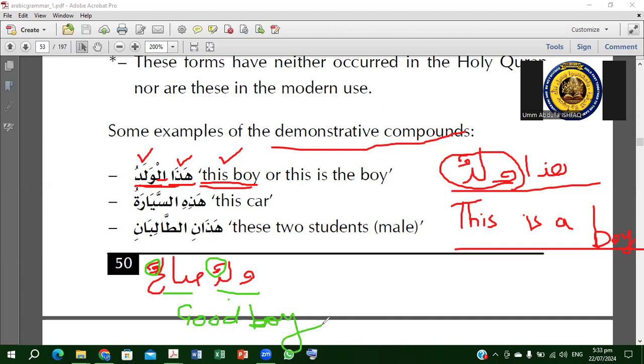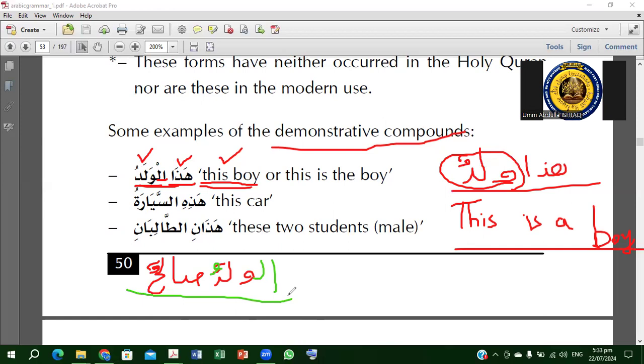Okay, but now I'm changing it. If I say al-waladu salihun, now the translation is: the boy is good.